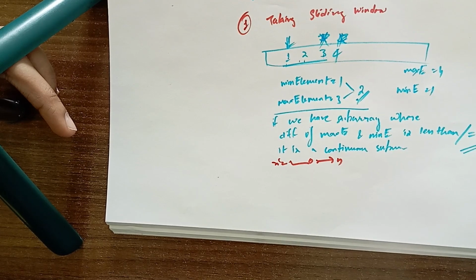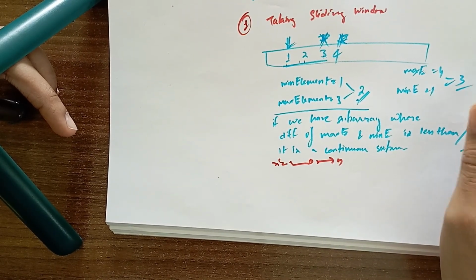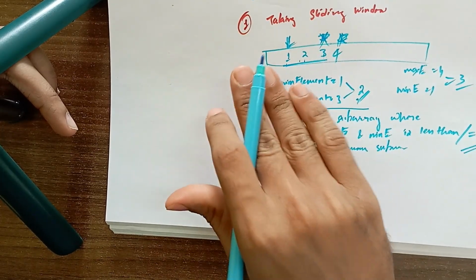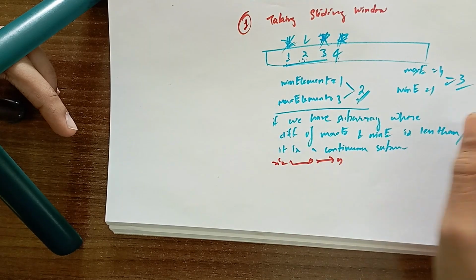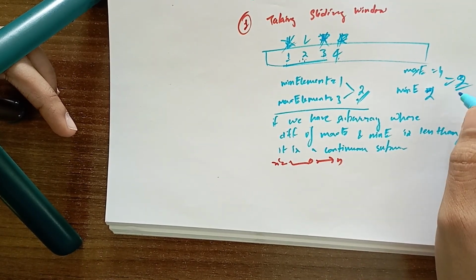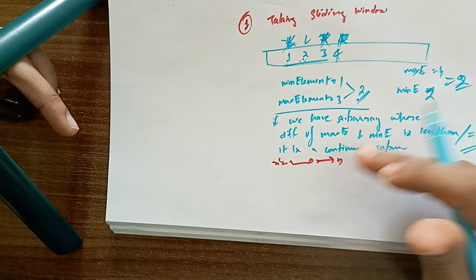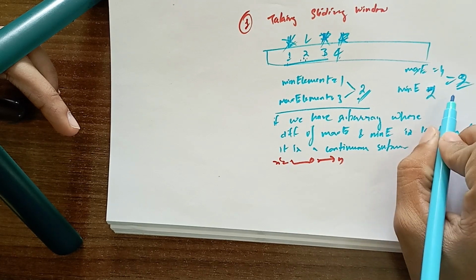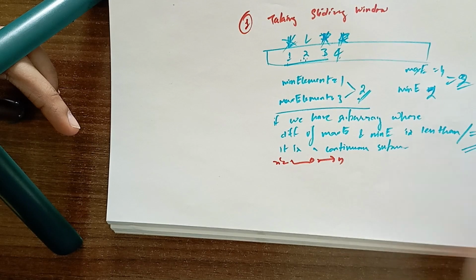That means the difference is 3. So we will increment our left pointer and it will come to here. Now 4 and 2: the minimum element is 2 and the difference will be 2. So we need to increment our left pointer until we get our difference less than or equal to 2.